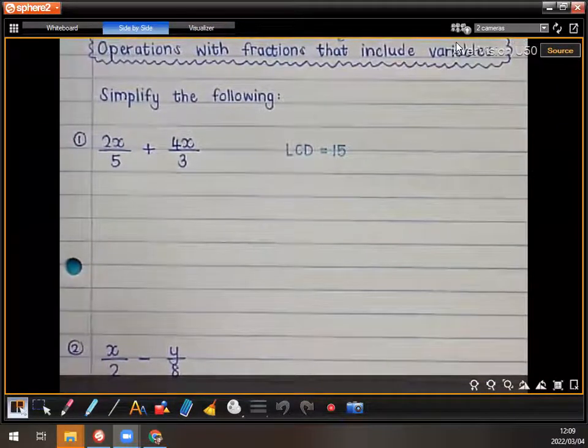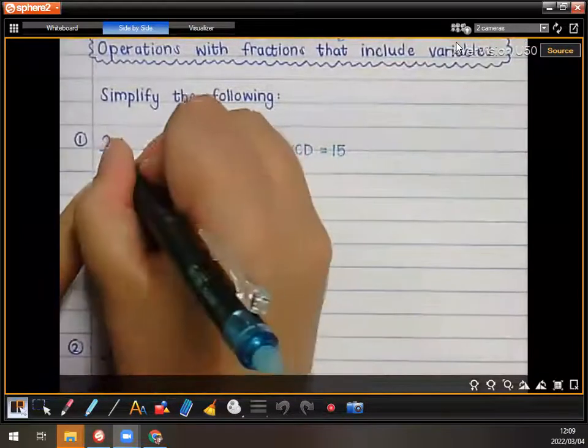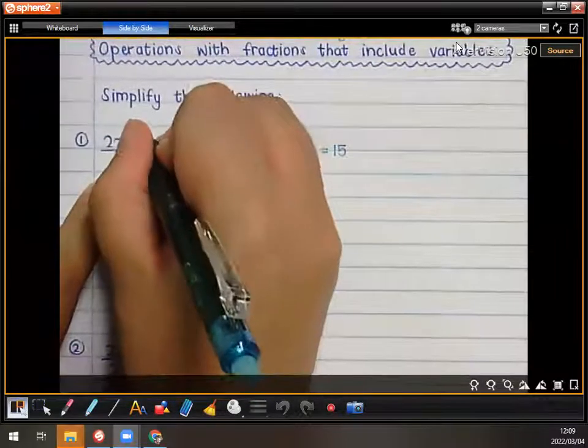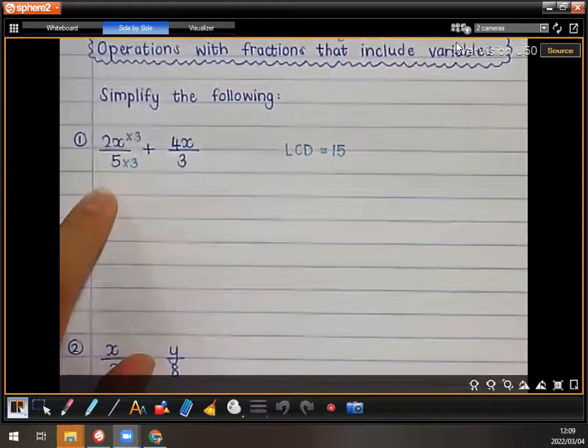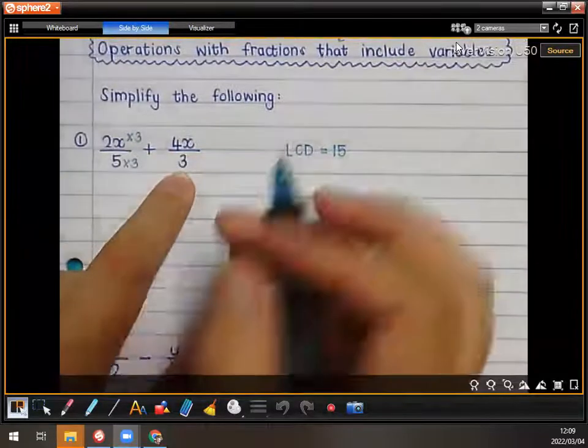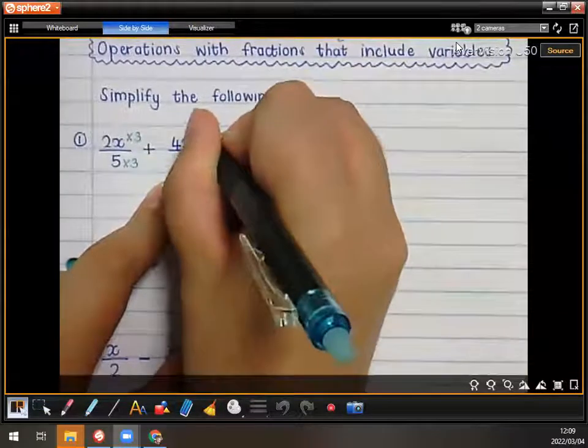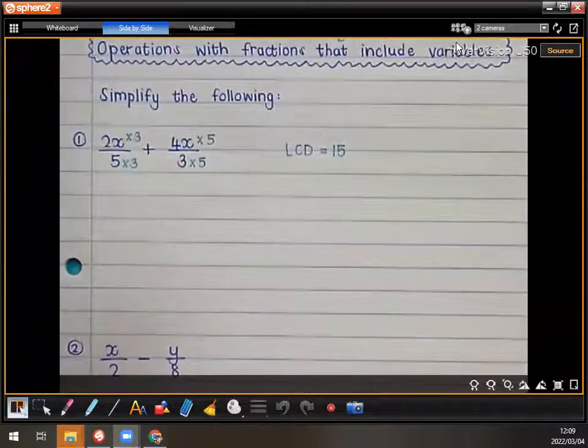So we need to change both of those denominators to a 15. 5 multiplied by 3 is going to give me 15. So then I must do the same thing at the top. For my second fraction, 3 multiplied by 5 is going to give me 15. So I must do the same thing at the top.